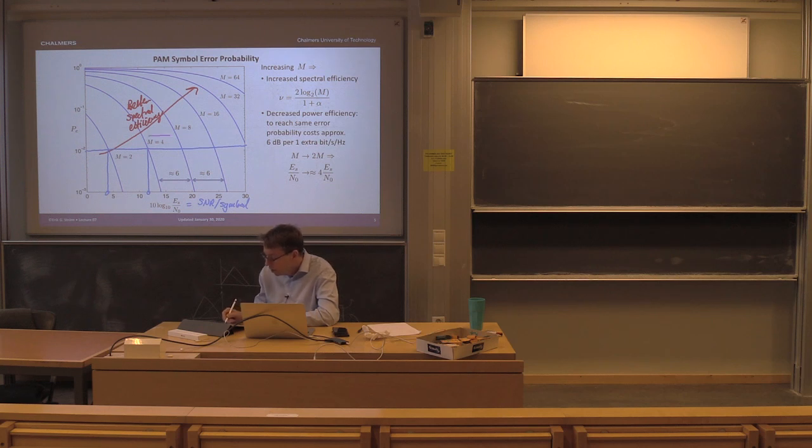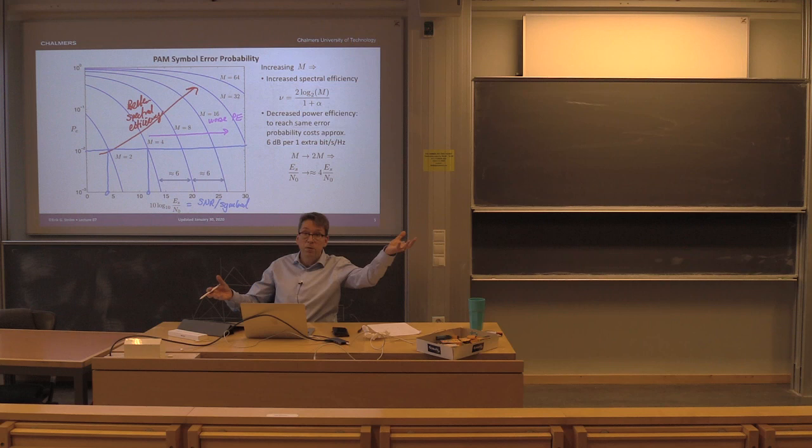Along this range here is worse. I just write PE here for power efficiency. So we can increase spectral efficiency at the price of worse power efficiency. We can increase power efficiency, but only if we sacrifice spectral efficiency.